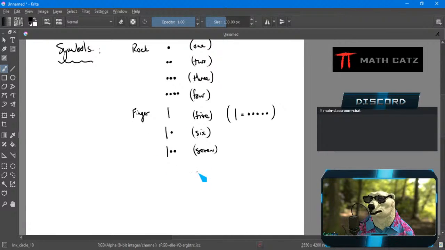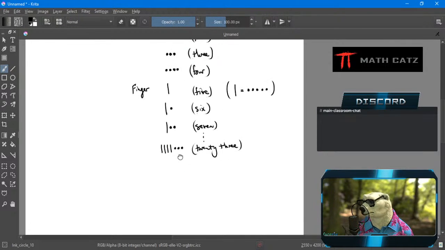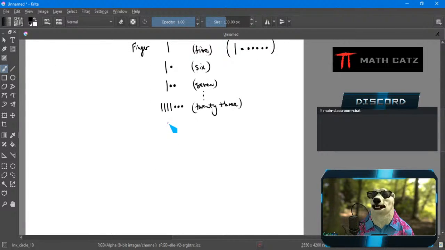I can, for example, go to 23 by having 1, 2, 3, 4 fingers and 3 rocks. Because each finger is worth 5, right? They're sort of groups of 5. So I can have 5, 10, 15, 20, and then 3 singles.